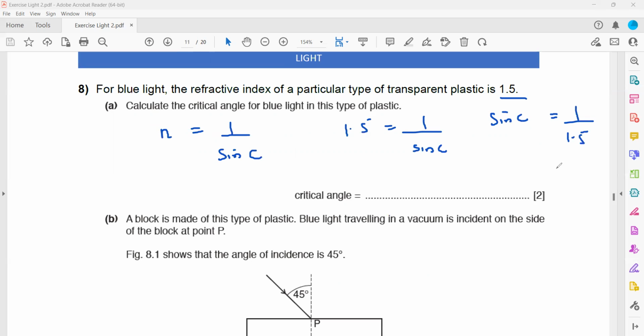What is 1 divided by 1.5? 0.7, because 0.666 is recurring. Okay, 0.7, and then we need the critical angle. Just take the sine inverse of 0.7.